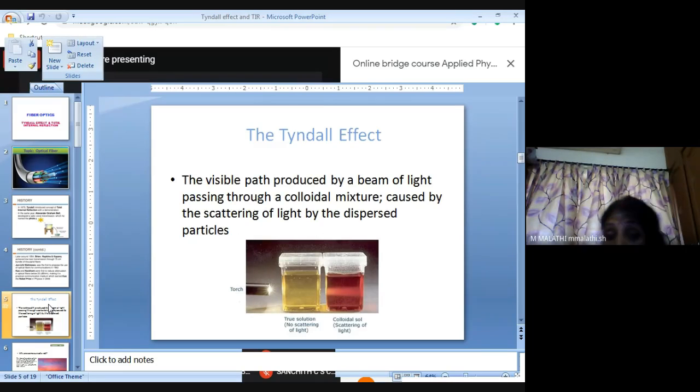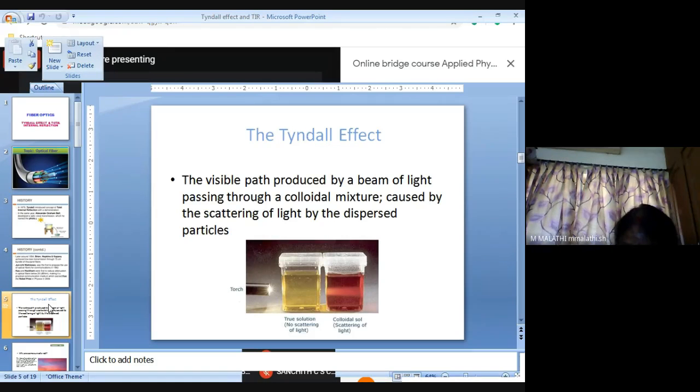But the second beaker has a colloid. A colloid is a liquid in which some solute is dispersed through the solvent, and the particle size of the solute is so large that it is not dissolved completely, just dispersed throughout the solvent.